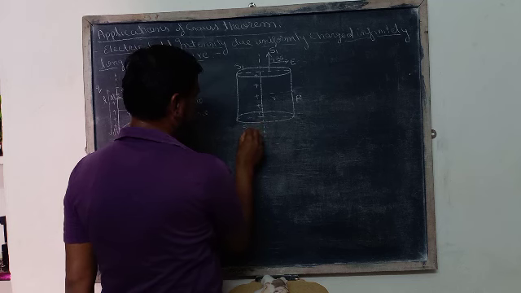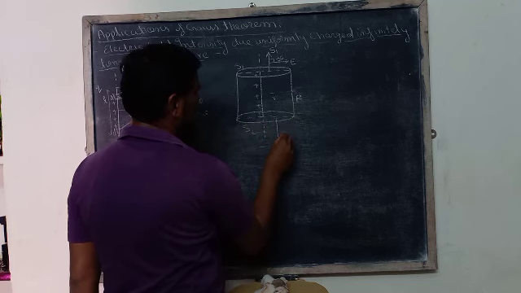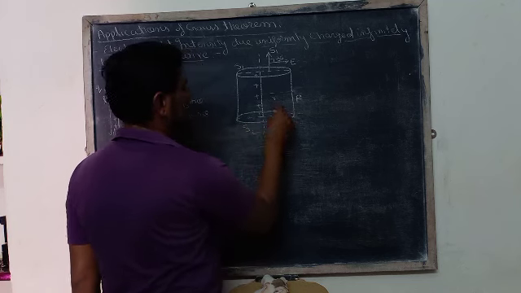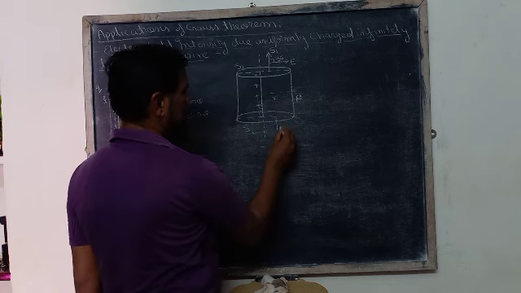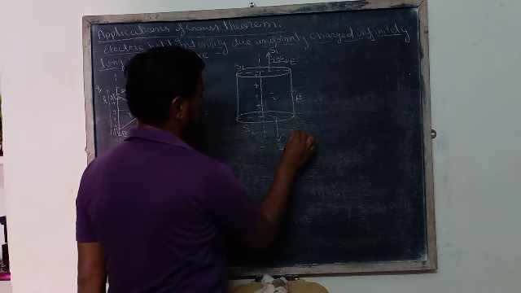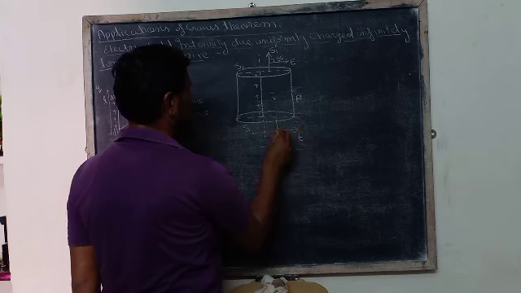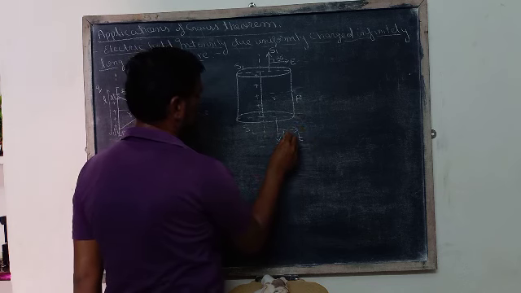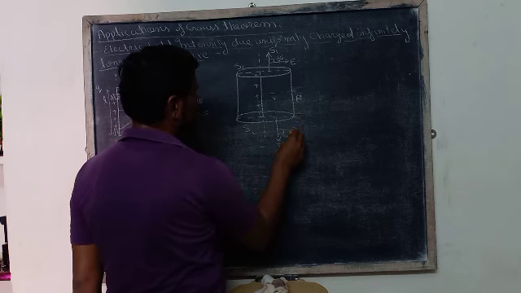For the surface S2, the direction of S2 will be this, perpendicular to the circular surface, and the electric field intensity will be perpendicular to the wire, and they are also perpendicular, meaning 90 degrees.